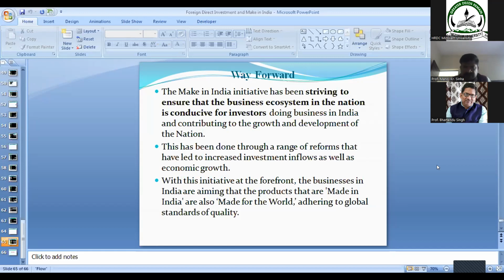Our purpose is that Make in India is also made for the world. We will achieve this policy's success, and the success of this initiative will definitely aid the economic growth and economic development of the country, and will definitely increase jobs for the younger generations.